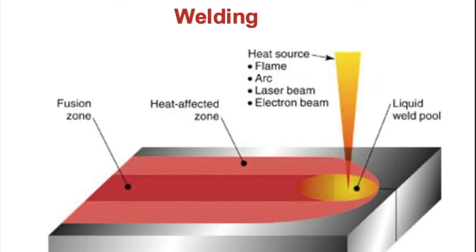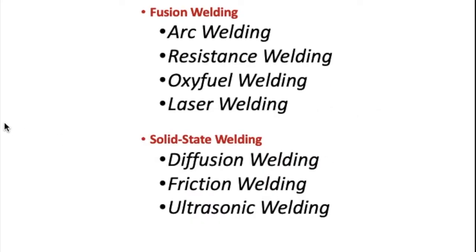In terms of welding, there are different types of welding, as we'll see just now, but basically you have two pieces of metal and a localized heat source that you use to join the two pieces. There are different ways of doing this, and these are the different types of welding: fusion welding types, and then solid state welding.